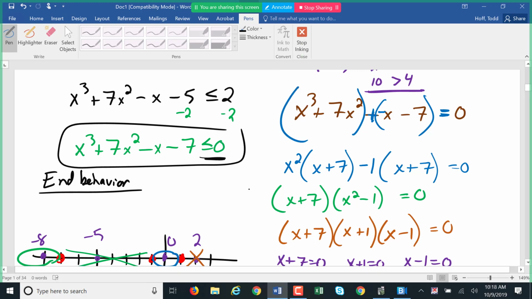If it is an odd function, the highest power is odd, here it's a 3, and if the coefficient on that variable with the highest power is positive, that's a +1, that means it shoots off to -infinity on the left and up to +infinity on the right.